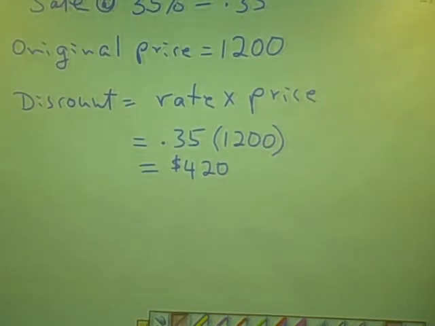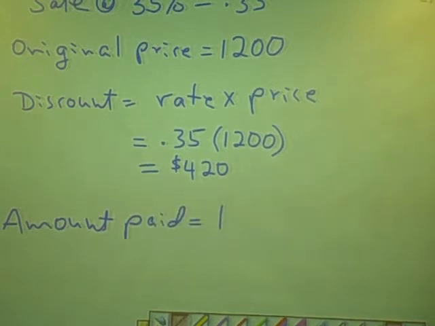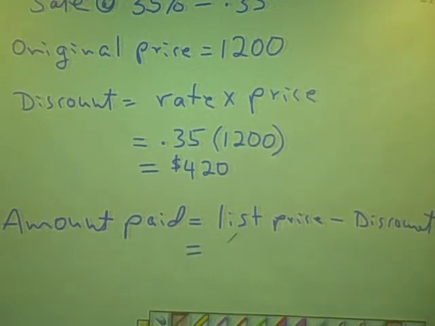Okay, so the amount paid is the list price minus the discount. The list price, how much was that? 1,200, right.